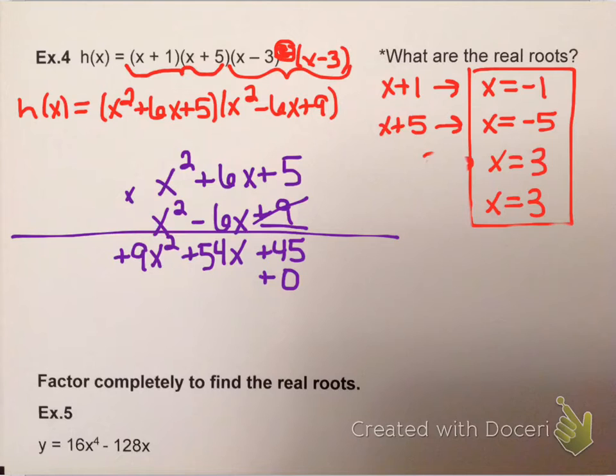Then I would take the negative 6x and multiply across. So negative 6x times 5 gives me negative 30x. Negative 6x times positive 6x gives me negative 36x squared. And then negative 6x times x squared gives me negative 6x cubed.